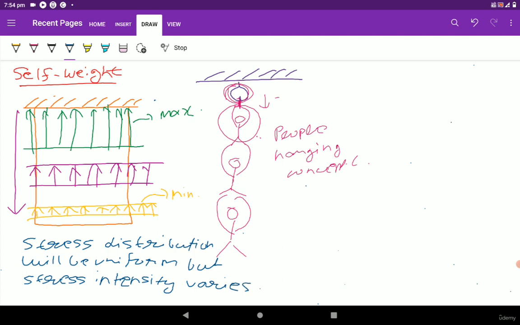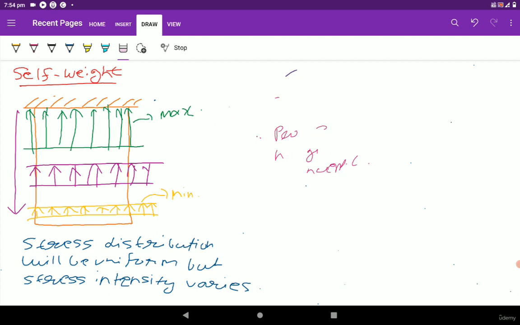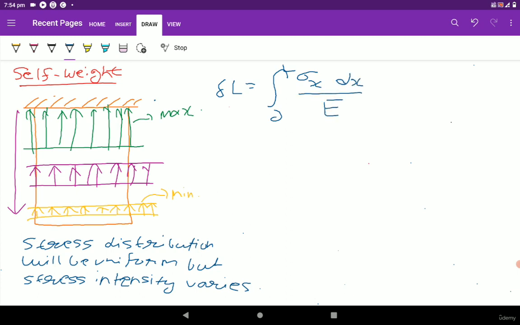Now the other question that can arise is what is the change in length due to the self-weight condition? So delta L is equal to the integration from 0 to L of sigma x dot dx divided by the Young's modulus. This is the condition for when any quantity is varying.